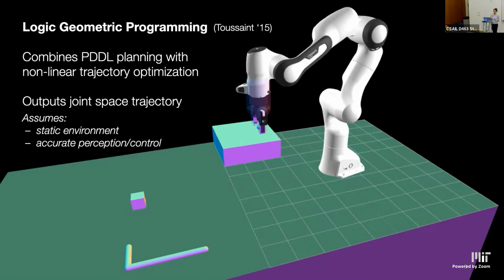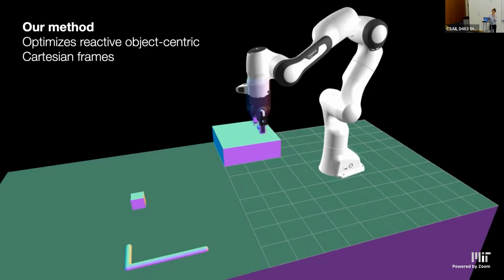They are valid as long as nothing in the environment is changing and the perception and control are highly accurate. If something changes in the environment, for example the small box moving around, then the joint configuration for grasping that came out of this TAMP planner is suddenly invalid. In this case, the robot would need to stop and replan everything, which takes several minutes. That's what we wanted to avoid.